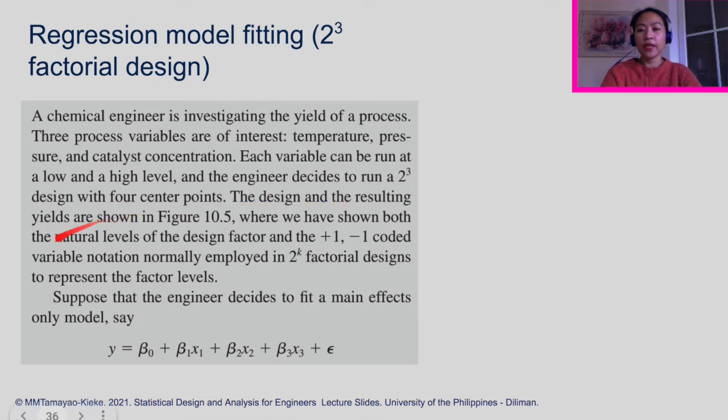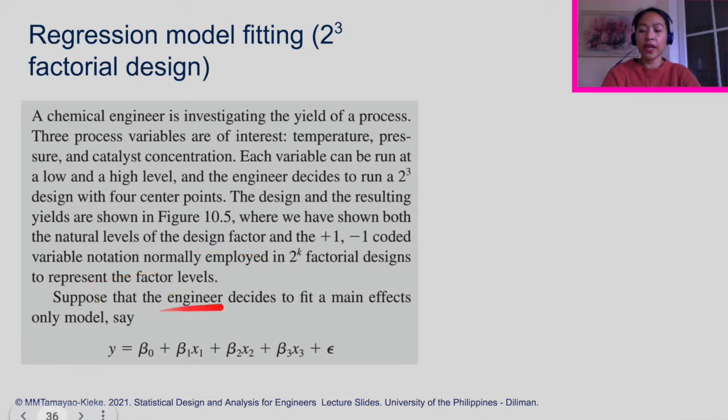The design and the resulting yields are shown in figure 10.5 of the book, where we have shown both the natural levels of the design factors and the +1 and -1 coded variable notation normally employed in 2 to the k factorial designs to represent the factor levels.